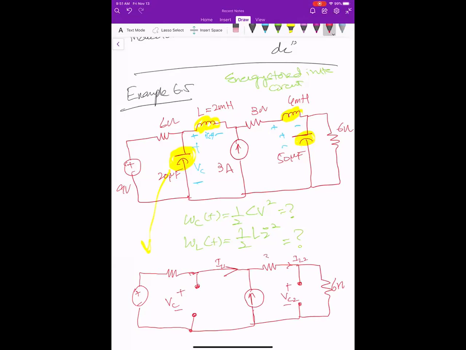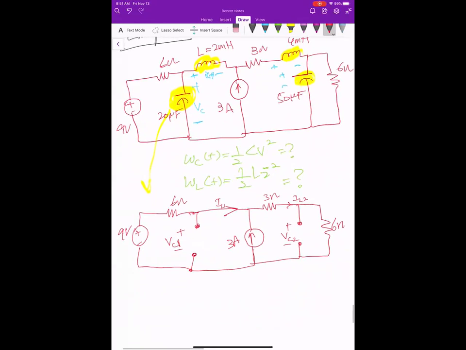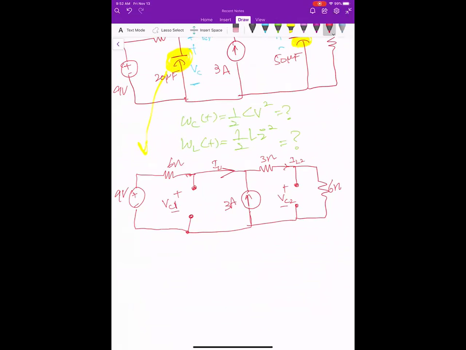IL2, 3 ohms, 3 amperes, 6 ohms, and 9 volts. So this is my equivalent circuit where I am short circuiting inductors and open circuiting capacitors. Now I want to find out these currents and voltages.